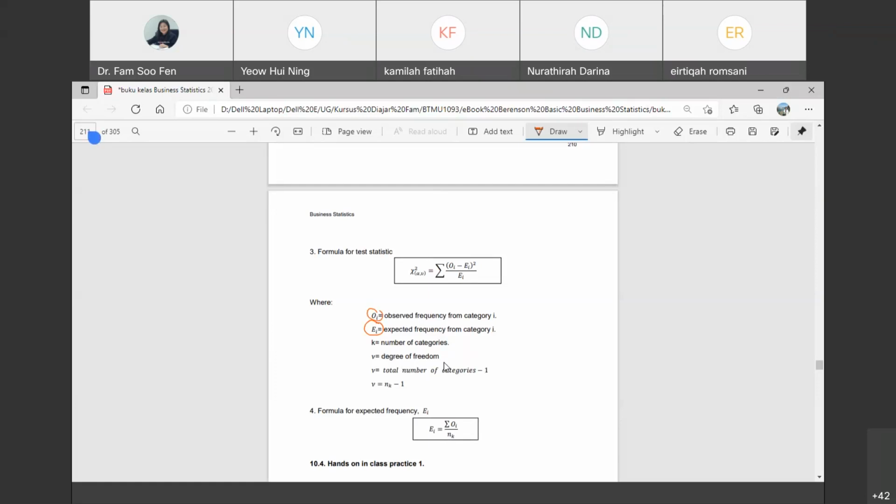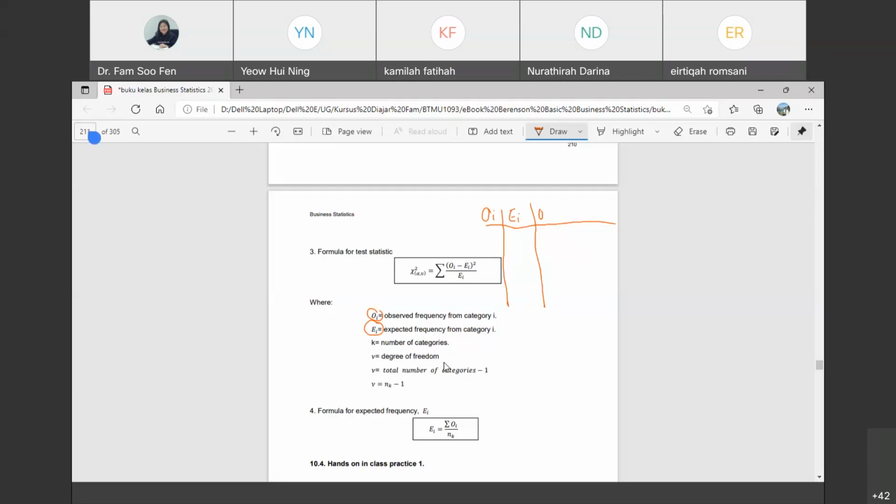When we have this type of formula, normally we draw a table to help us. So we have the OI, the observation. You have the EI, the expected value. Next is OI minus EI.